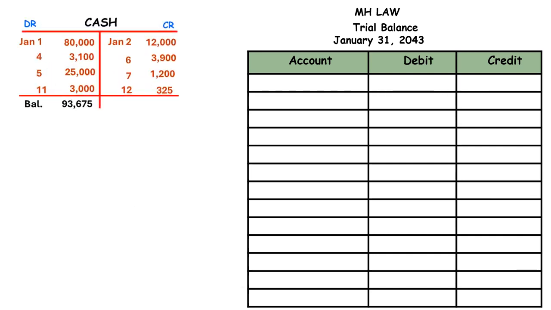So our first account in the ledger is the cash account. As we just balanced it, the balance is $93,675. So what I will do is copy the name of the account, cash, into the account column. And then since the balance is on the debit side, I will write that balance on the debit side in the trial balance.